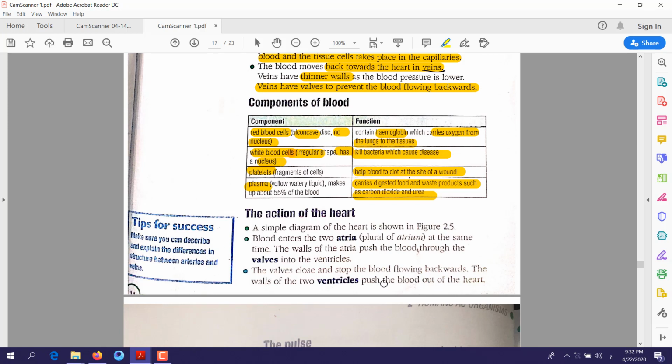Then the action of the heart, as we just explained. When the heart beats, it sends blood out.